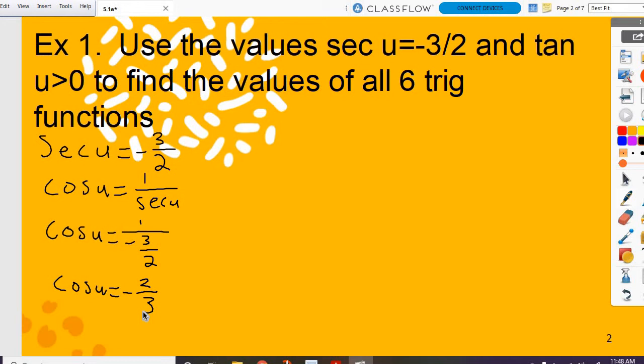So if I use my quotient identity, that has tangent, cosine, and sine. So in order to be able to solve for one of the other ones, I would have to know 2 of them. Does that make sense? So I know cosine right now, but sine and tangent would still be unknowns, so I would have to know one of them. We're on the right track though.